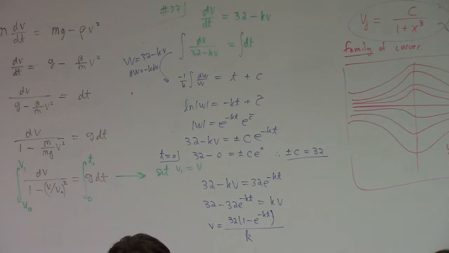You're free to use the same C notation, but if you do that, you should beware not to misidentify one C as the other C, which is why I put a C tilde there, just to be safe.